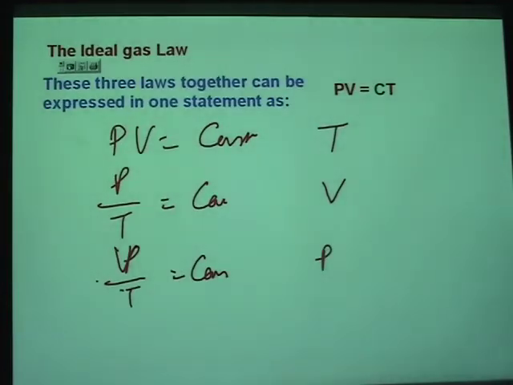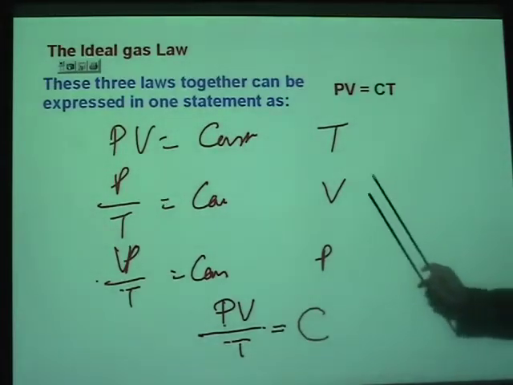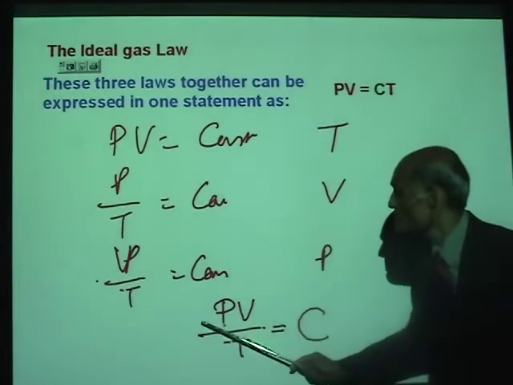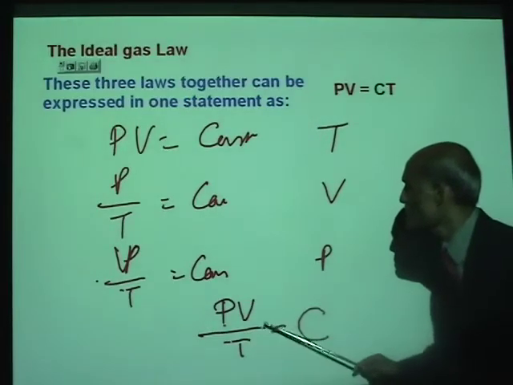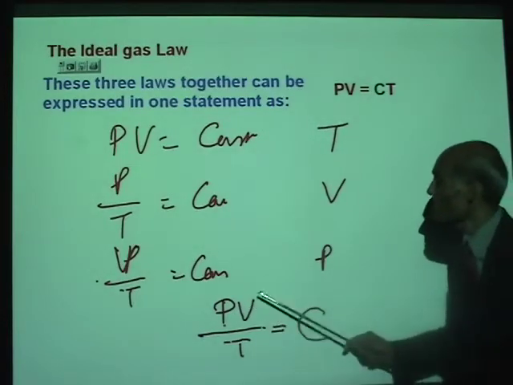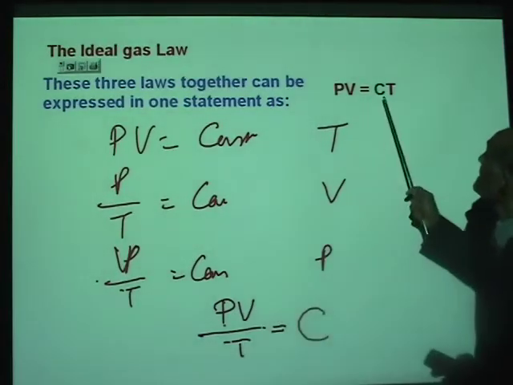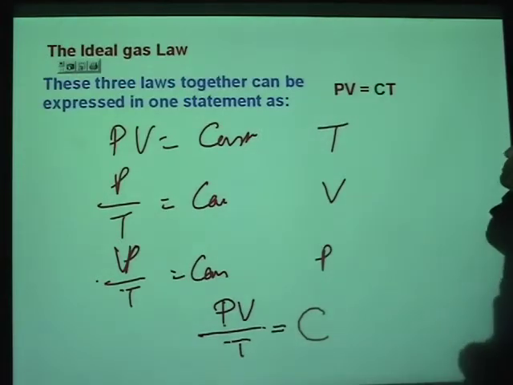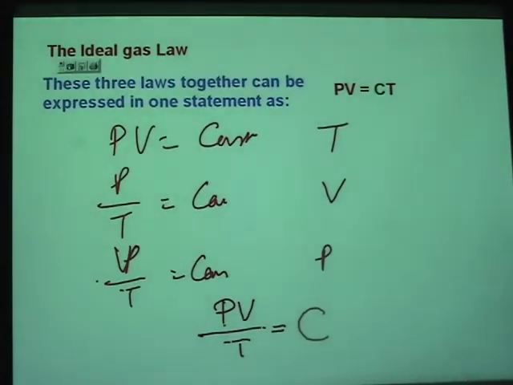So we would put all these 3 together and say, therefore, PV over T is a constant. I'm going to call that constant C. So, combining all the 3 equations, we have PV over T is a constant. And I can write it like this, PV equal to a constant times T. That's what this is. PV equal to a constant times T.